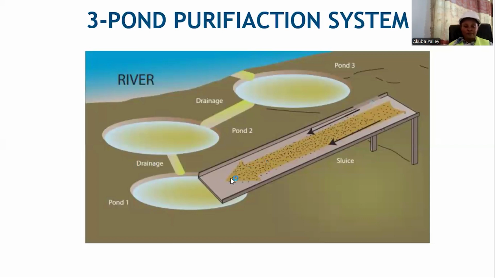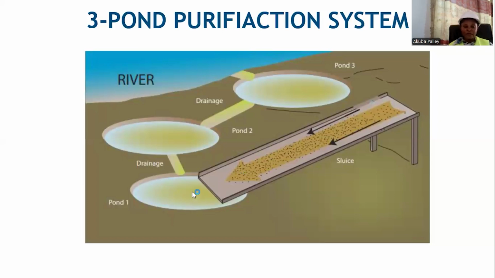We know that the effluents from the processing contain sediments, heavy metals, and perhaps the chemicals that are used in the processing, depending on the type of processing technique that is being used. So by gravity, the sediments settle here.